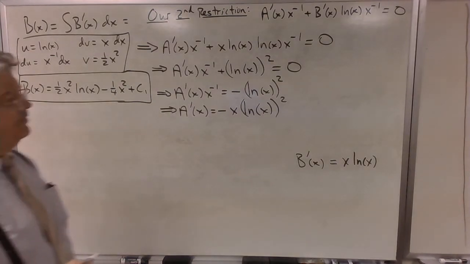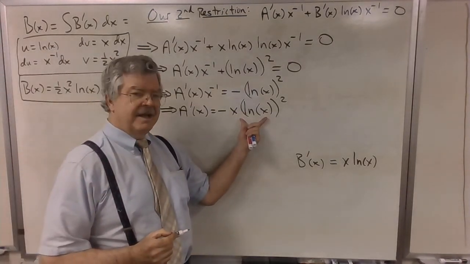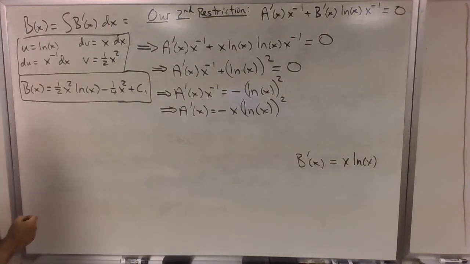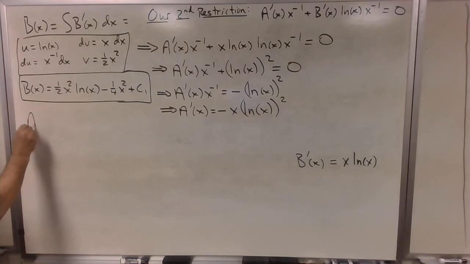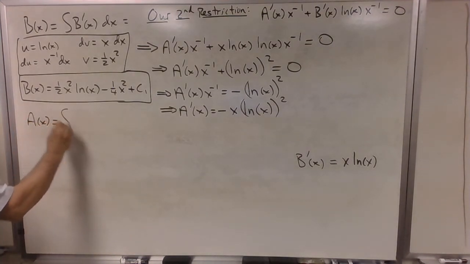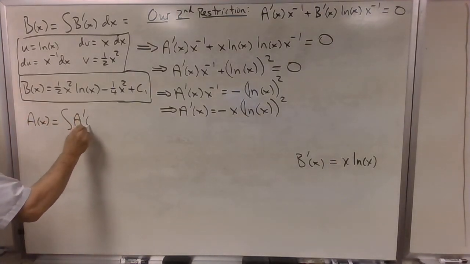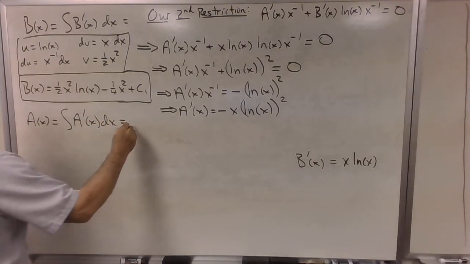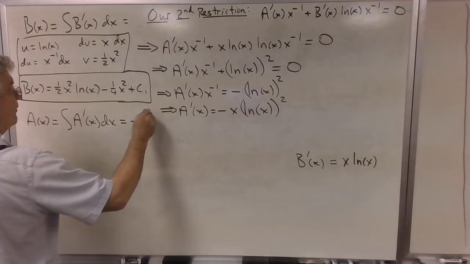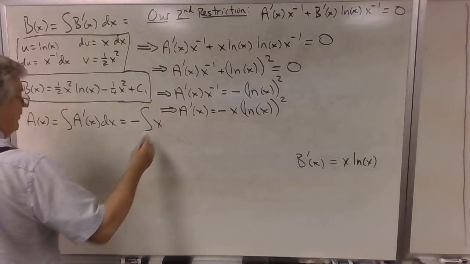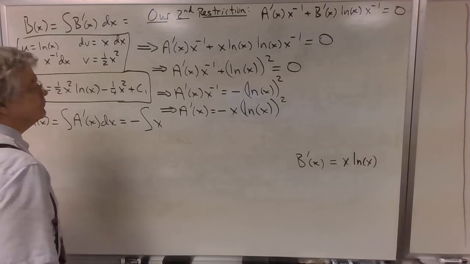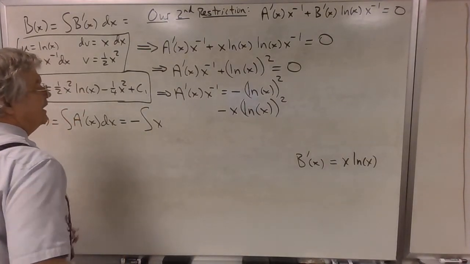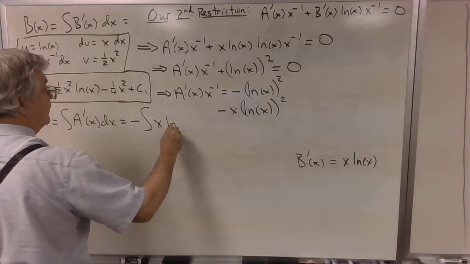Oh, so all we have to do is integrate this thing to get a. Well, nobody ever said life was fair. x natural log of x squared.